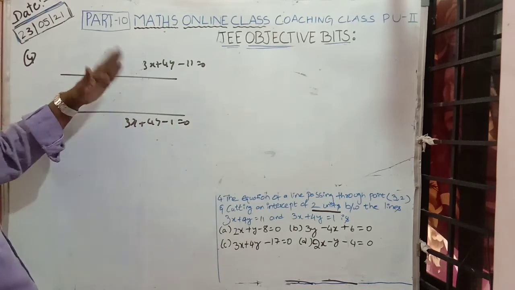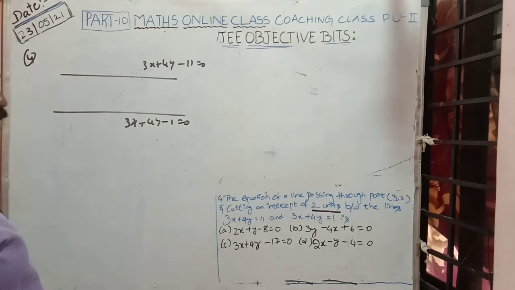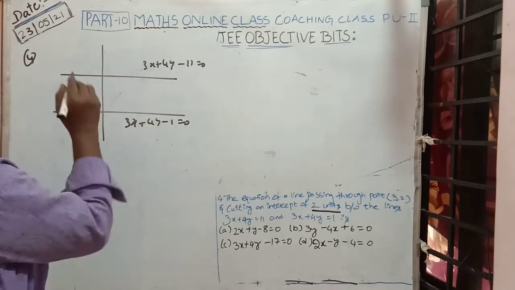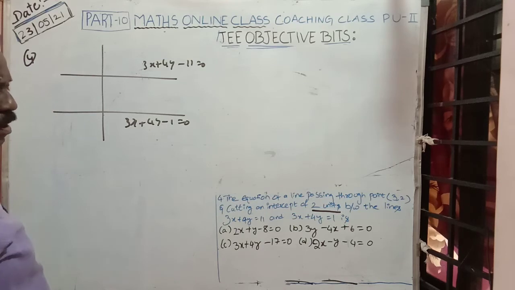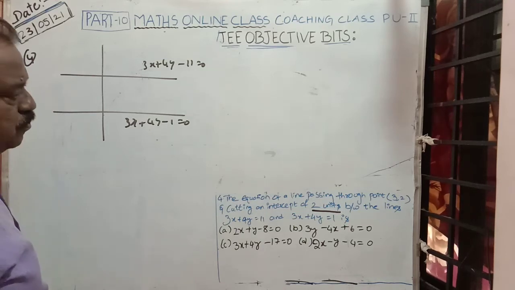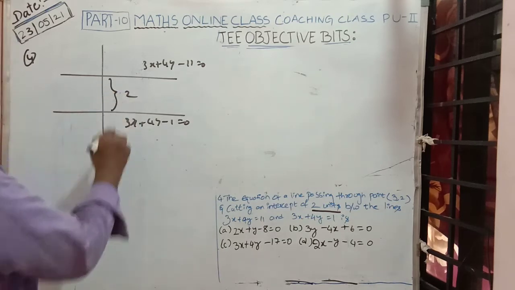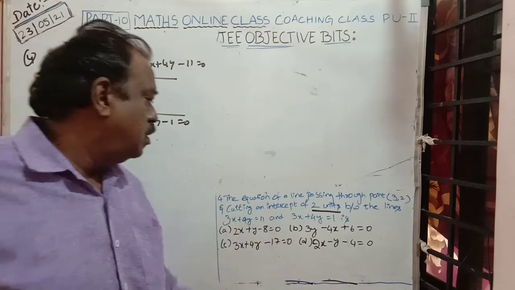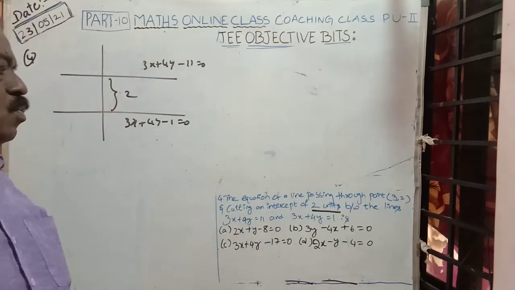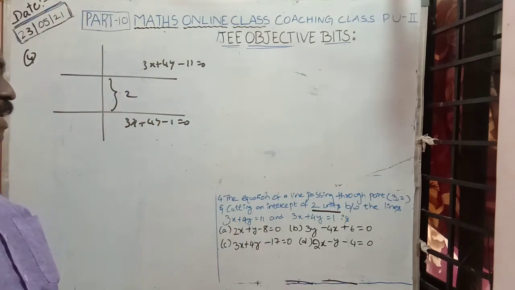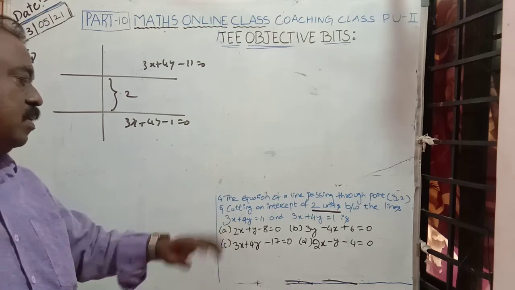They are parallel. Now a line is like this. Now it makes intercepts of 2 units. Cutting an intercept 2 units between the lines. 2 lines are given.